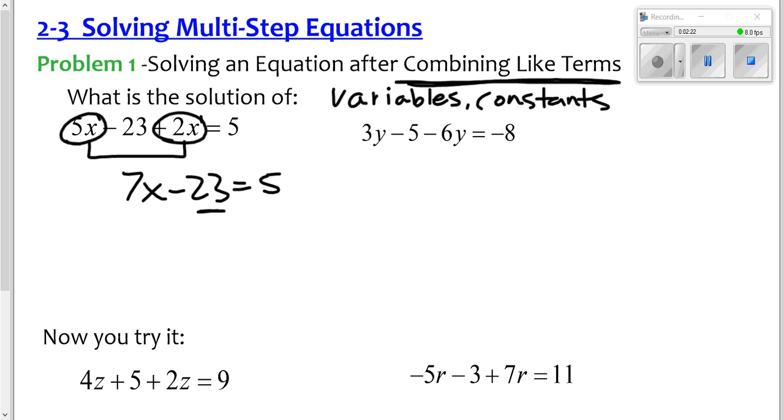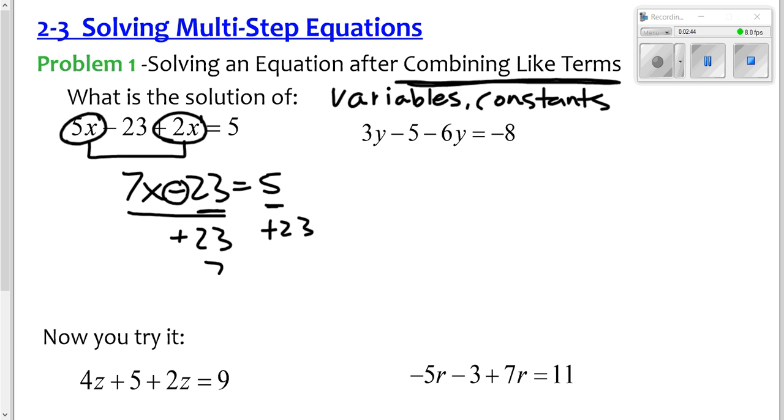Now, once I've combined that, I basically get down to two terms on one side and I have one term over here, now I can start doing a two-step equation. All right, so in this case, I look at my operations: minus, that means I can do the inverse, which is to add. I do that to both sides.